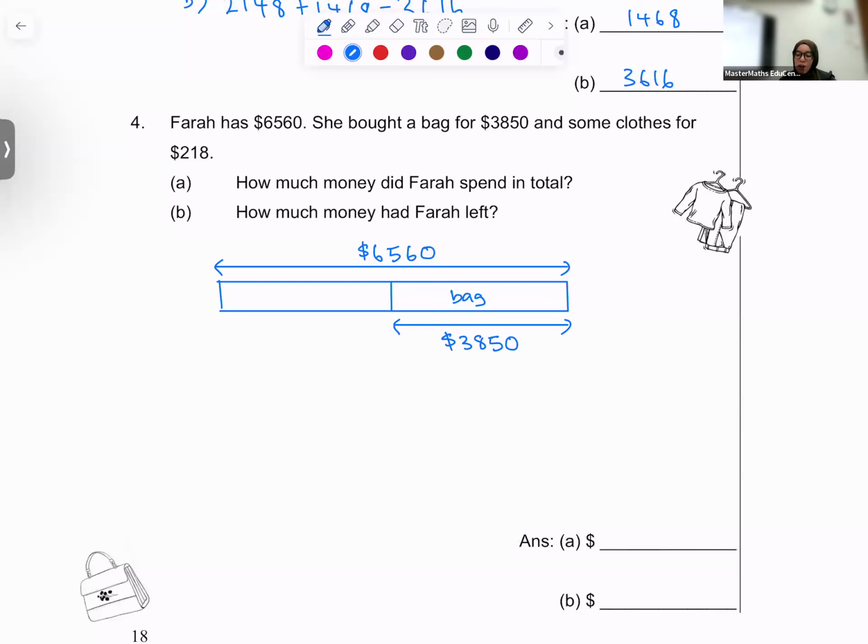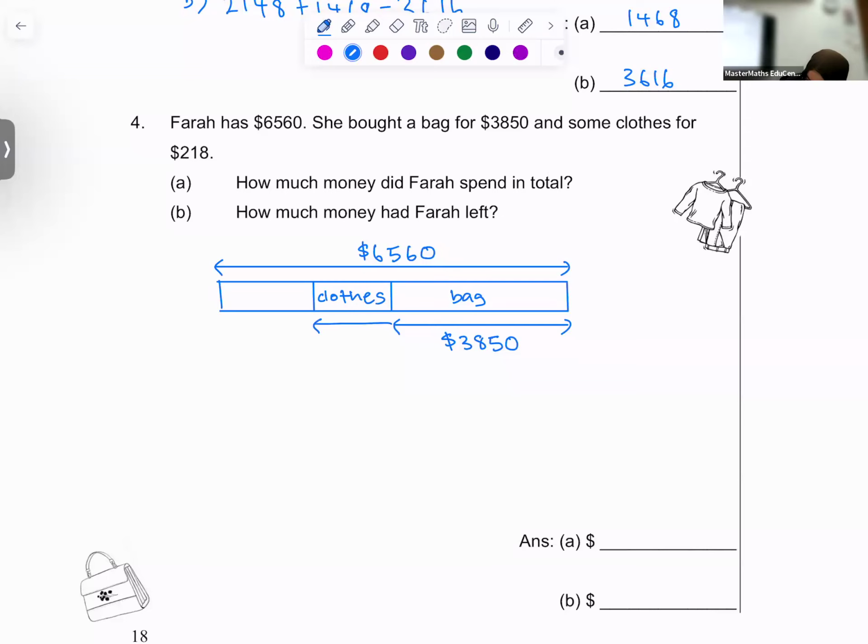Okay, then she buys what else? Pritika? This clothes. Very good. Clothes. How much does she spend on the clothes? 318. Very good, $218. So not very much. We don't have to cut out a huge part. We can just cut out somewhere around here, write down clothes.